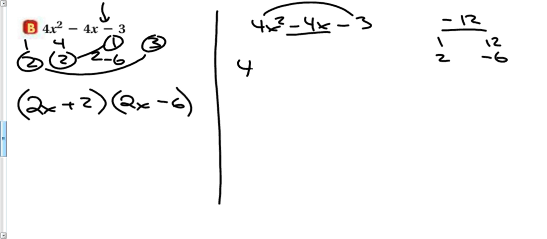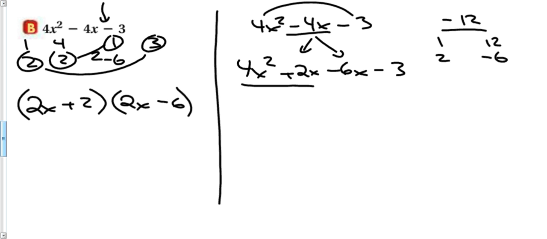So now I split minus 4x into plus 2x minus 6x minus 3. Haven't done anything except to split negative 4x into 2 different terms. Common factor there is going to be a 2x. What's left over? x plus 1.